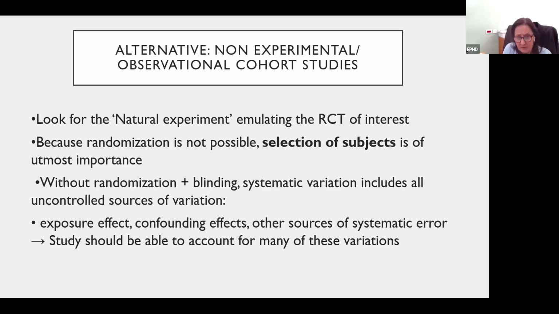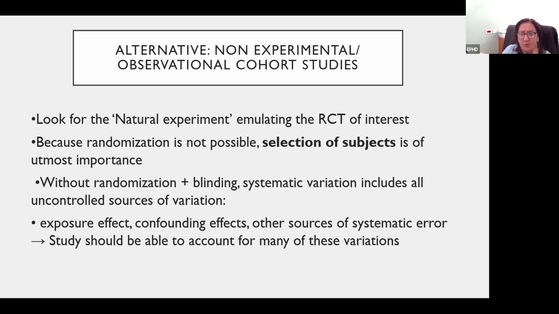So again, because randomization is not possible, because we're not able to randomize people into the exposure groups, exposed and not exposed, therefore, in a cohort study, selection of the participants is of utmost importance.